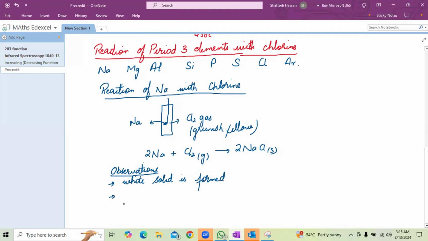And then we are going to have greenish yellow gas, which is chlorine gas, and when it reacts with sodium, it starts to disappear. And this reaction is also a very fast reaction. So we can say that a vigorous reaction is going to take place.